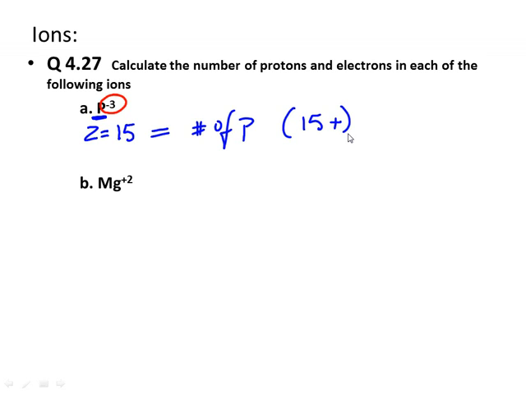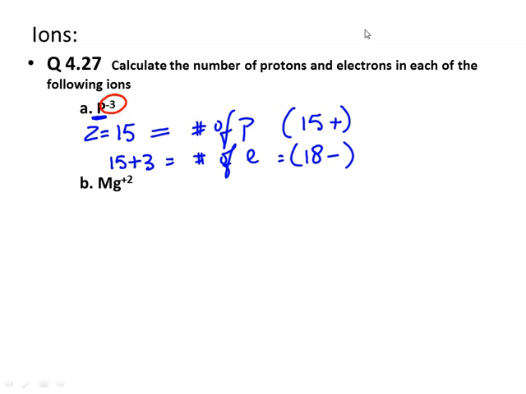The only way an ion can have a negative charge is if the number of electrons is higher than the number of protons. So the fact that this ion has 3 minus tells us that the number of electrons in this ion is equal to 15 plus 3, which gives us 18 minus.